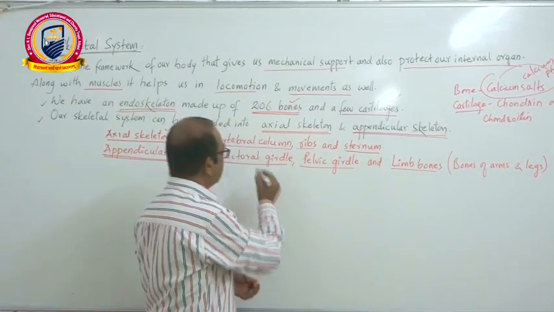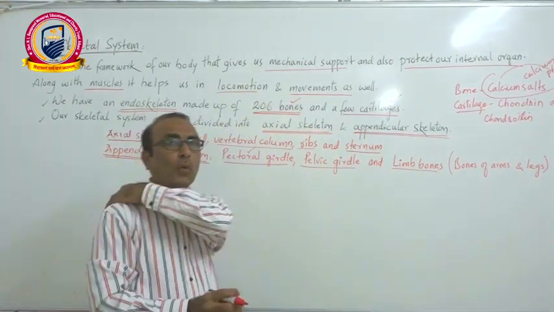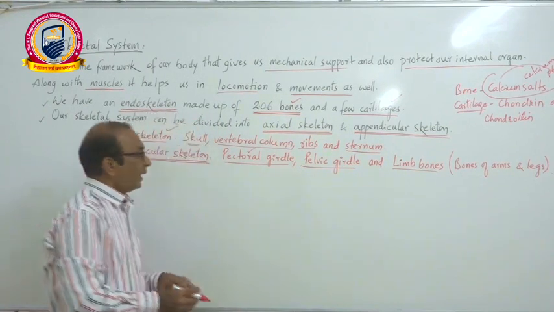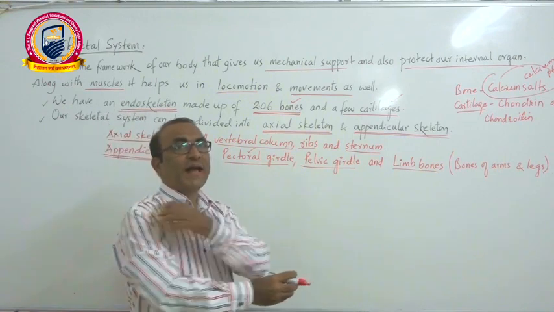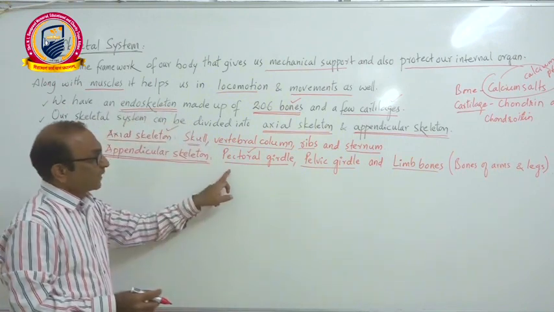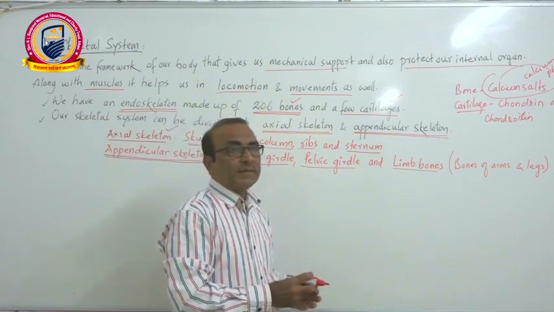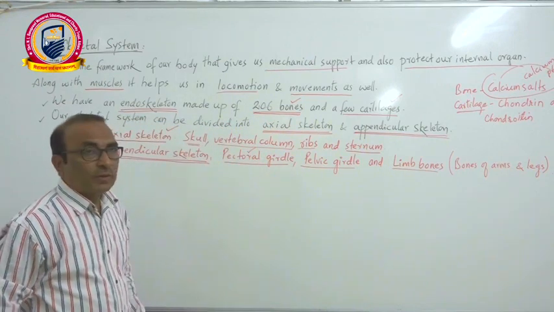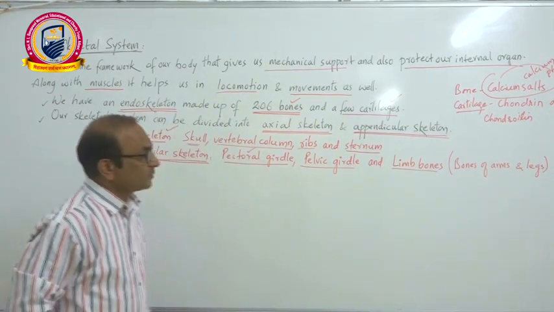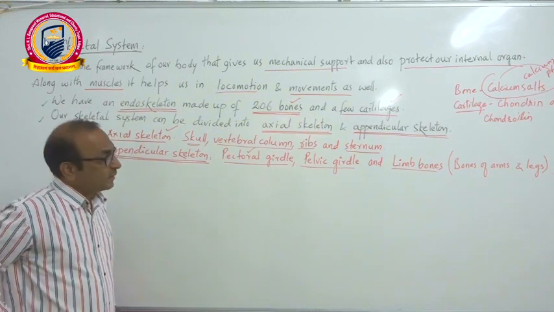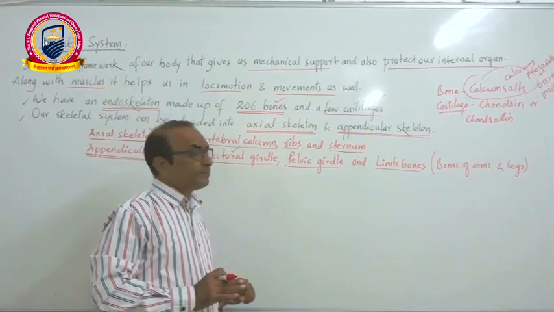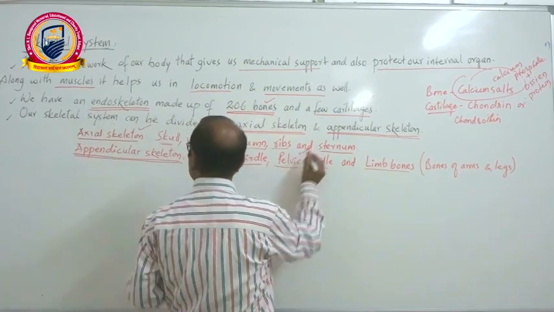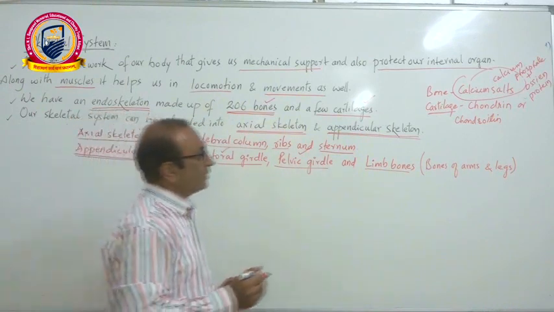The pectoral girdle is the shoulder bone, supporting our back here and giving articulation to the bones of the hand. The pelvic girdle, at the pelvic region, gives the attachment for the bones of our legs and also supports us in sitting posture. This pelvic girdle is the second part of the appendicular skeleton. And then the limb bones.